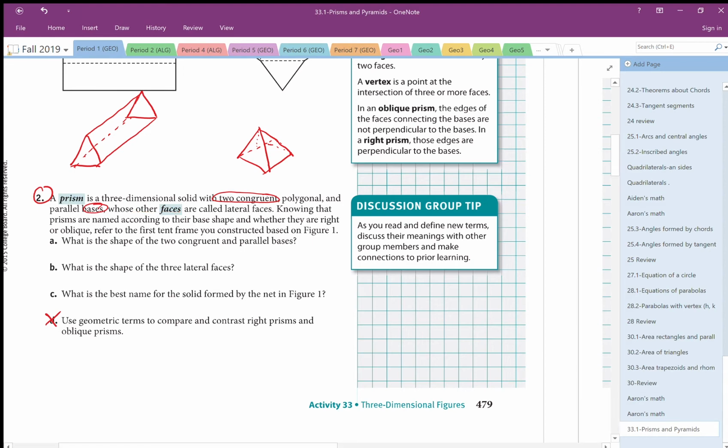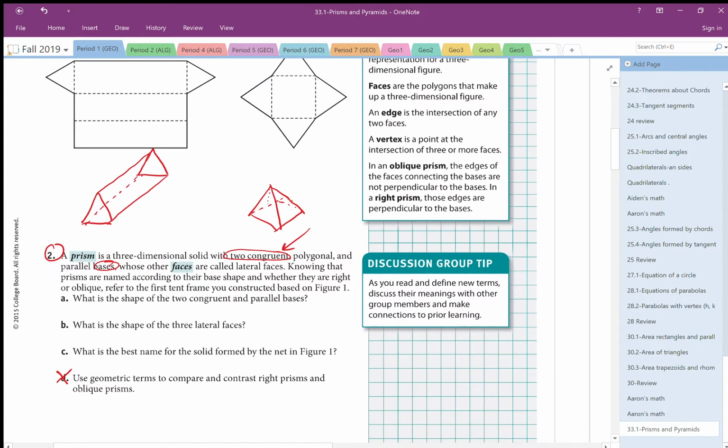That is the big difference between a prism and a pyramid, is the fact that it's got 2 congruent bases. So the first figure that we drew here must be a prism because the 2 bases are the triangles. The second figure that we tried to draw would not be a prism because it only has a single base. The bottom is the base, the top becomes just one single point, so that can't be a base.